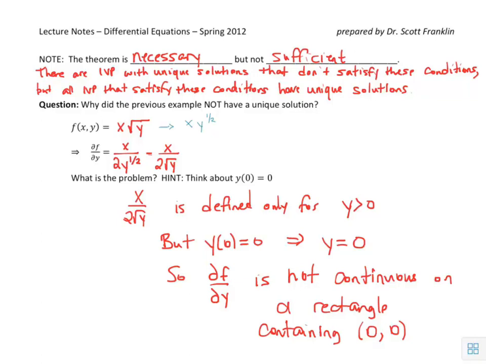Obviously, if we can't guarantee uniqueness of solutions, then a whole world of problems opens up, since we don't know if we found the only solution. But in most cases, for the functions that we look at in this class, we're going to be able to verify formally, beyond the shadow of a doubt, mathematically proven, that it's going to have a unique solution. So that's the end of section 1.2.